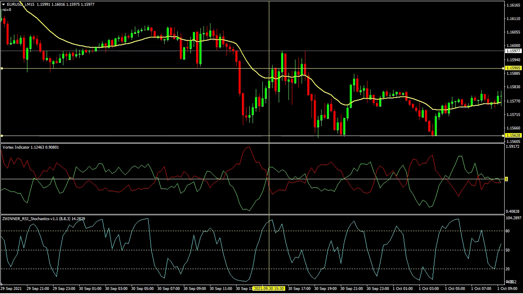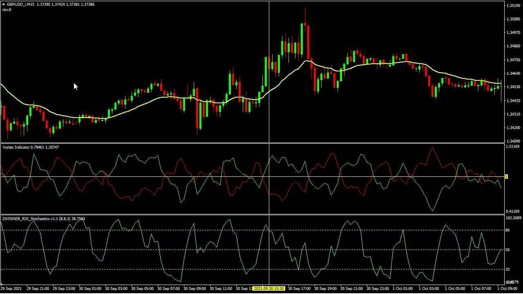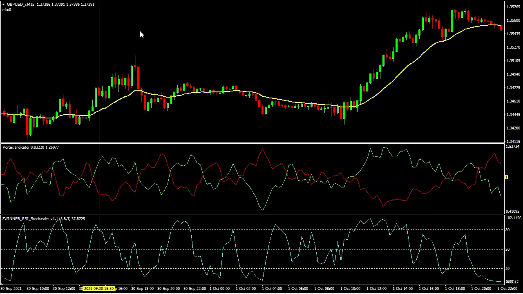And if you wish, I can take one more pair. Let's have a look at the GBP/USD. That's it, GBP/USD pair.